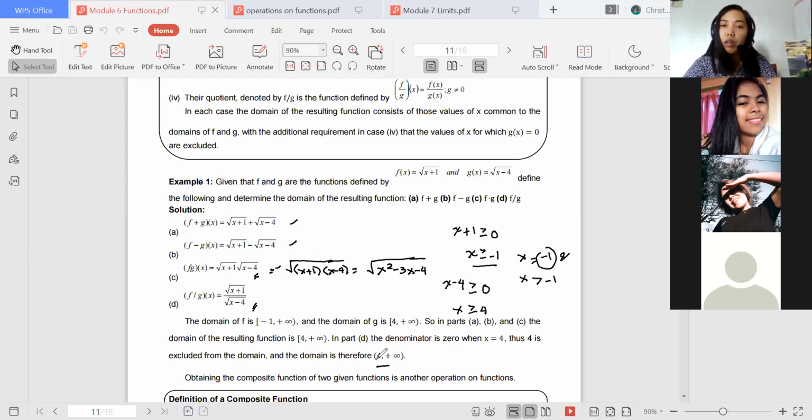Di ba ano yan? X should not be equal to 4. So, ang ibig sabihin niyan ay ito, hindi kasama si 4, pataas. 4 to positive infinity. Okay? For letter B. Okay? So, that's it.